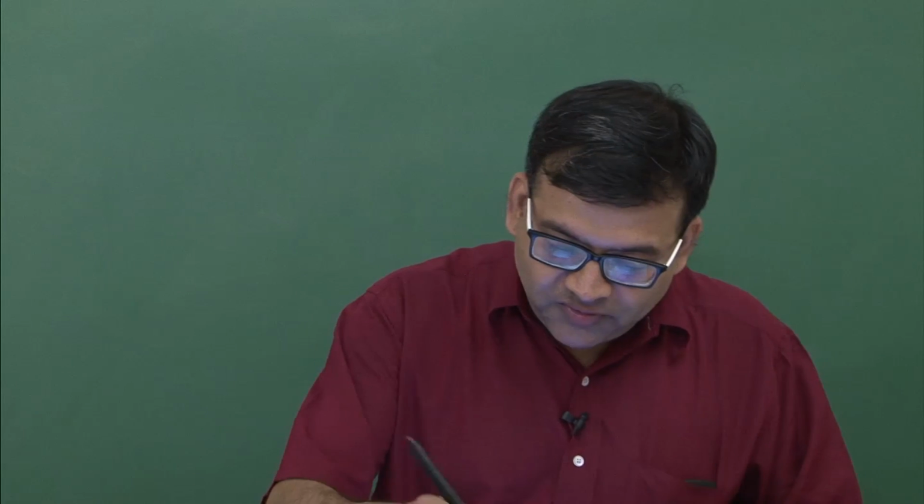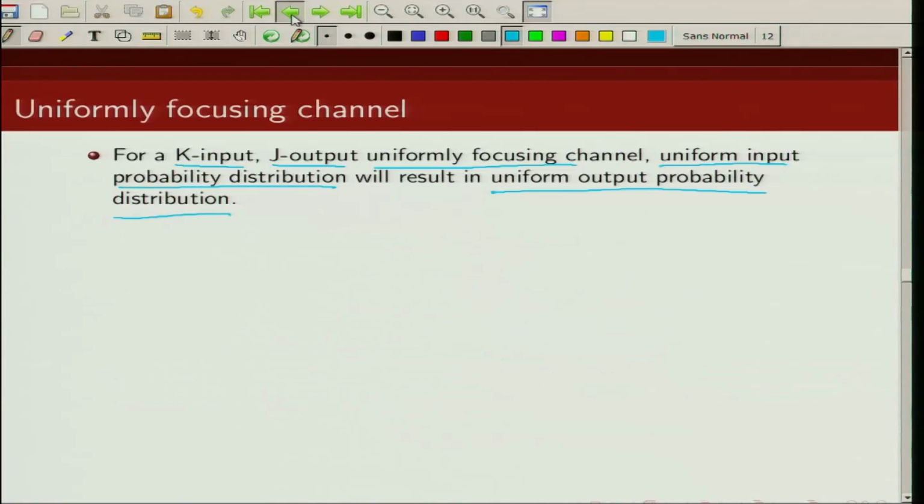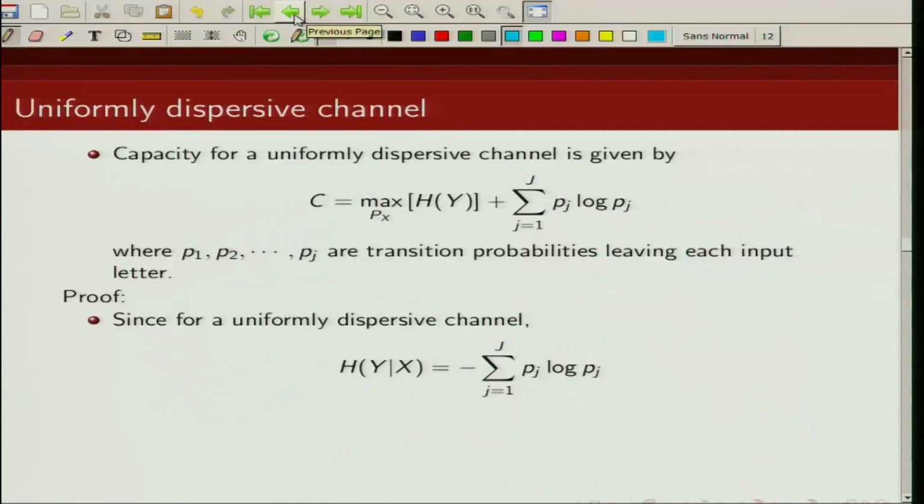The answer is yes. What was the capacity of a dispersive channel? The capacity of a dispersive channel is this: maximizing h of y over p of x. For a uniformly focusing channel, we know what this quantity is, and for a uniformly dispersive channel, we know what this quantity is.